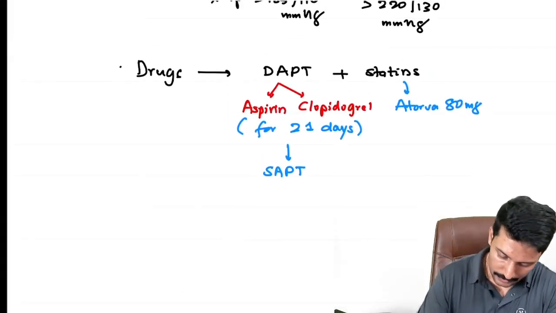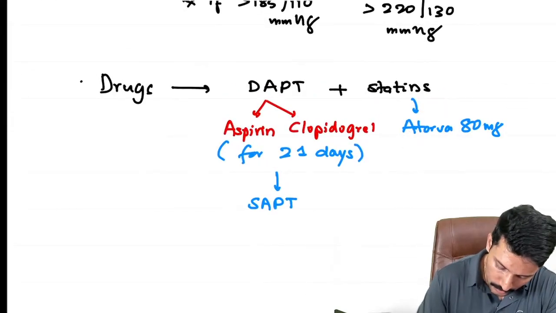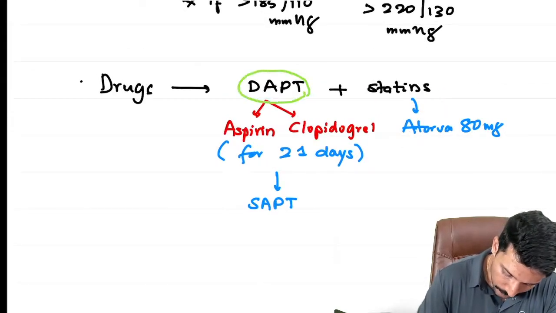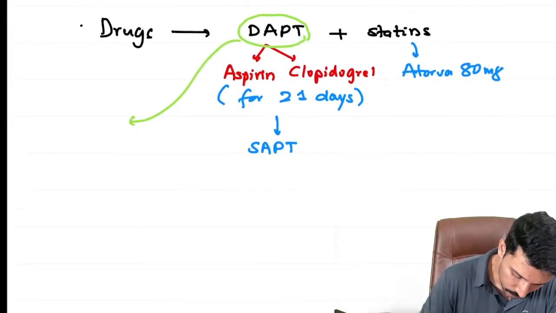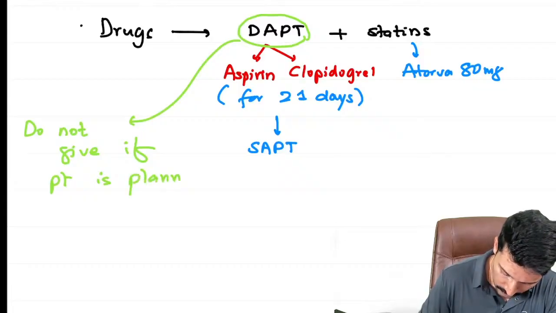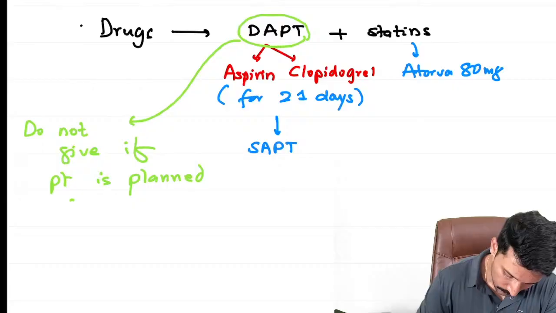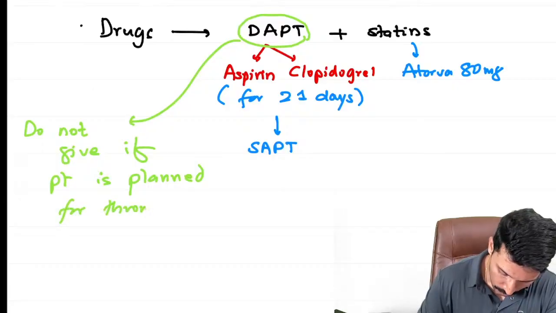Okay. Then you also have to remember here, do not give these dual antiplatelets if the patient is planned for thrombolysis, because thrombolytic agents plus antiplatelets increase the risk of bleeding. If the patient is not planned for thrombolysis, you give.